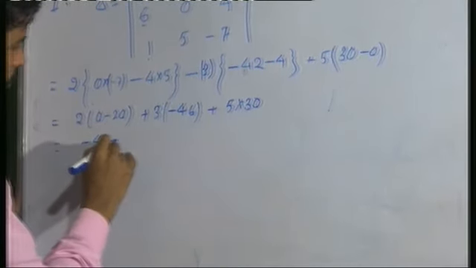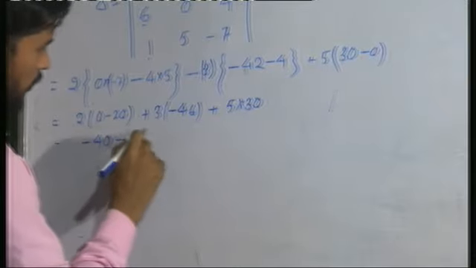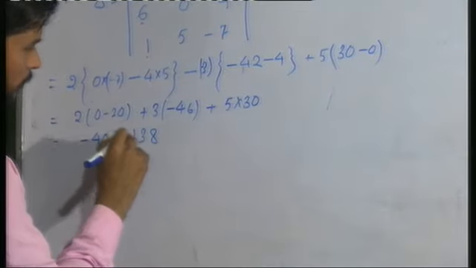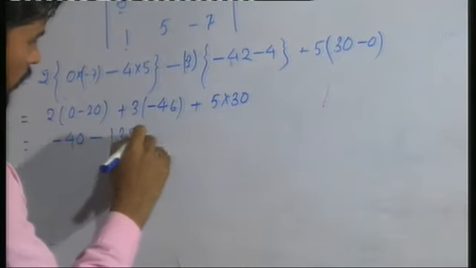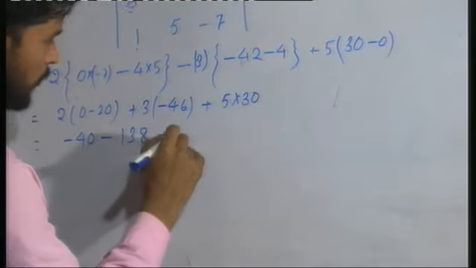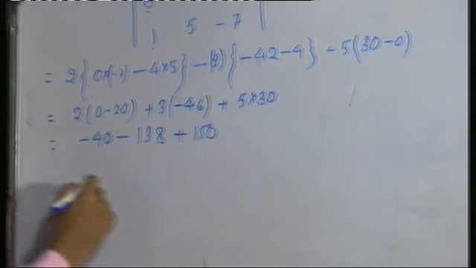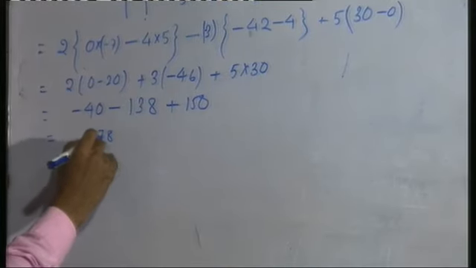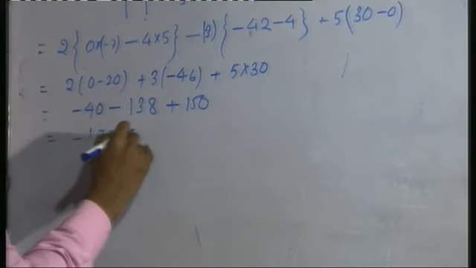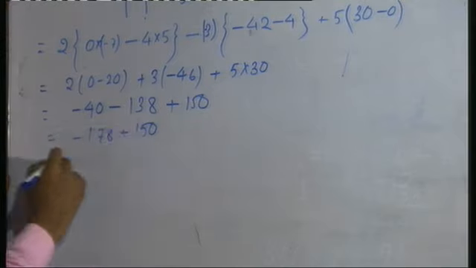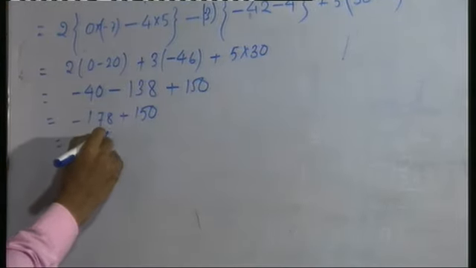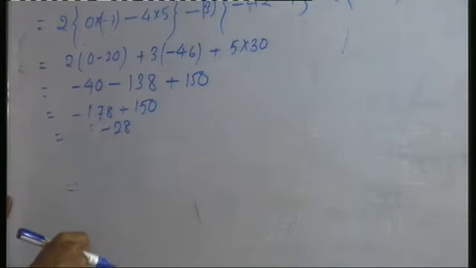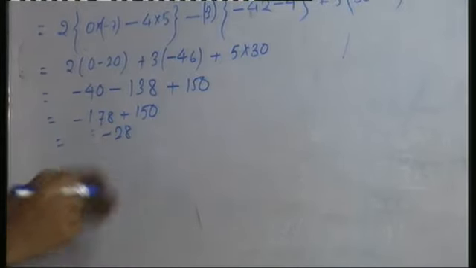This is equal to minus 3 6 are 18, 12 and 13, and plus 5 3 is 150. So that is equal to 871 minus plus 150, and that is equal to minus 28. Okay, that is equal to minus 8.